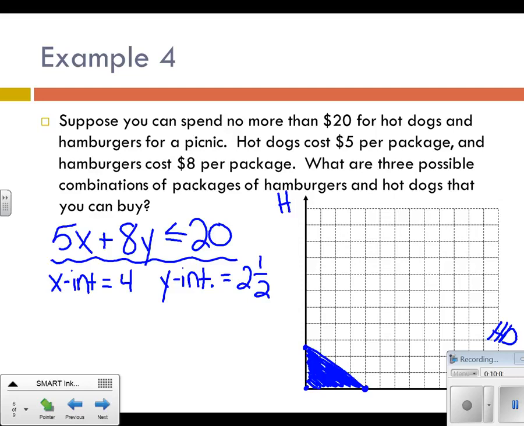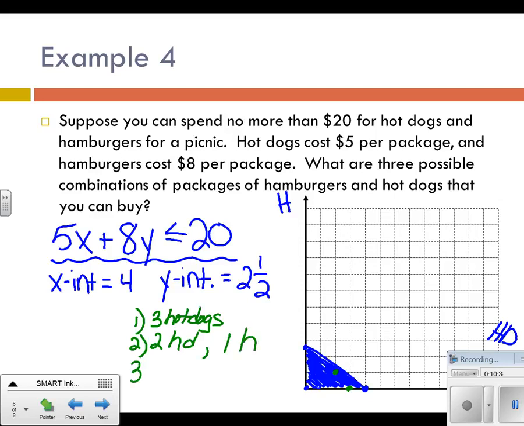So if I picked this point right here, one example would be 3 hot dogs, 0 hamburgers. Another combination, if I went 2, 1, which ends up being right here, that would be 2 hot dogs and 1 hamburger.